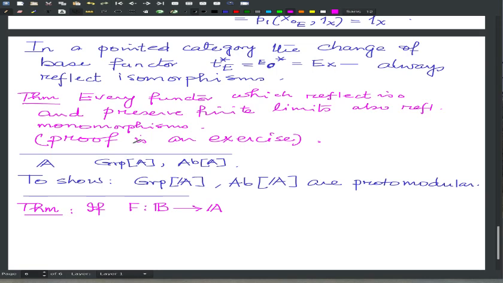The next one that I wanted to say is, suppose this is a functor which reflects isomorphisms and preserves finite limits.